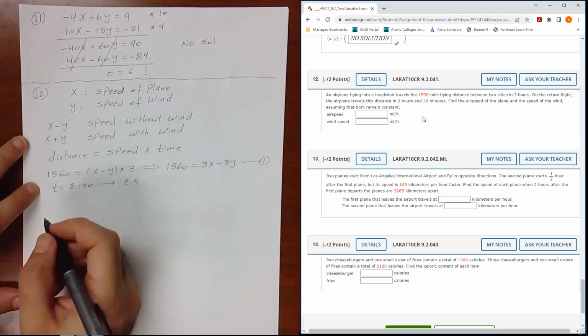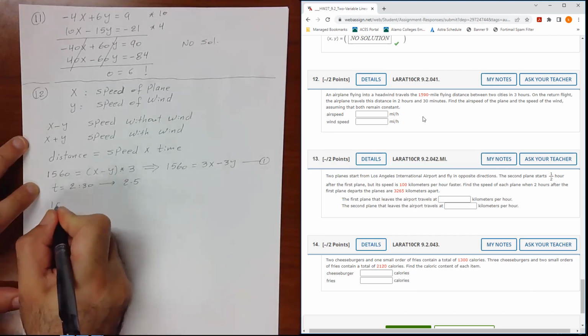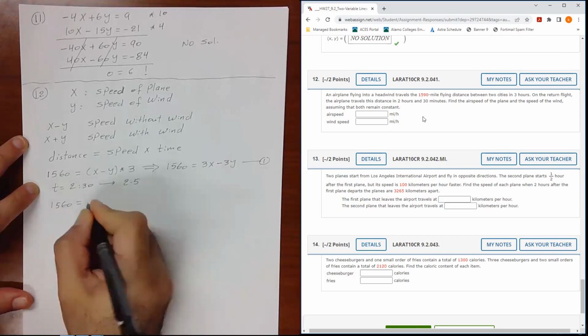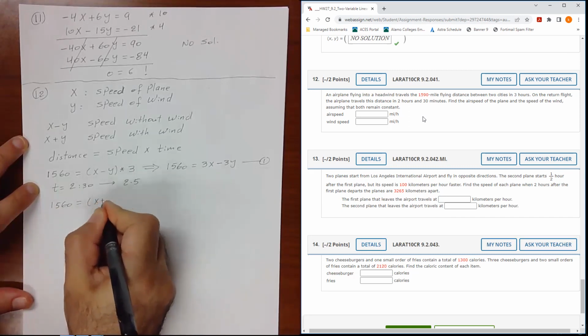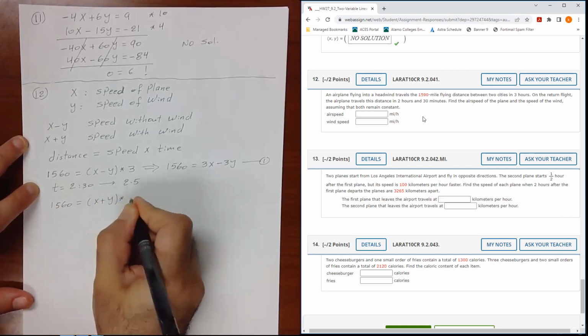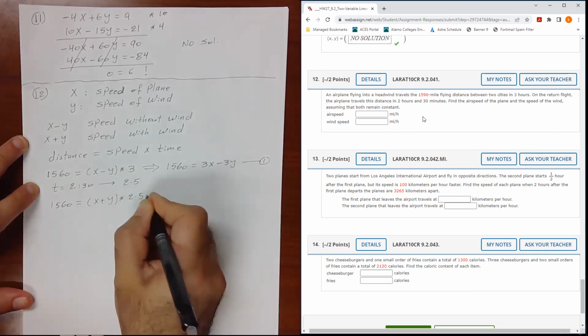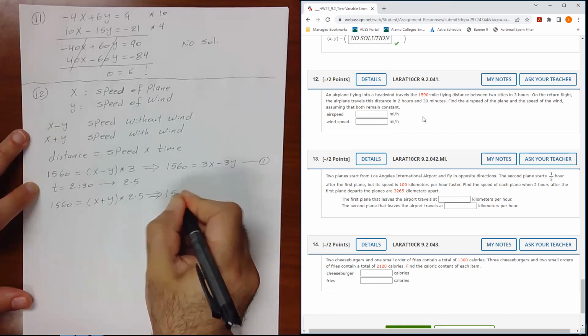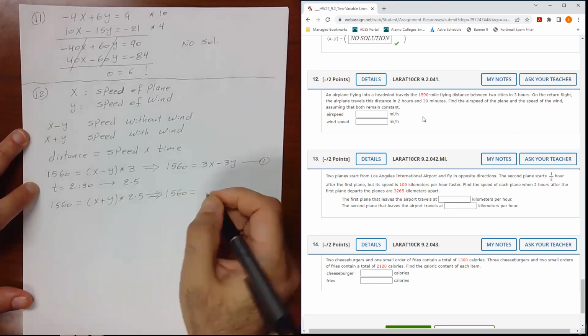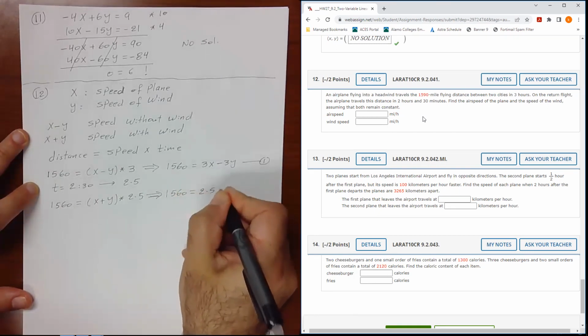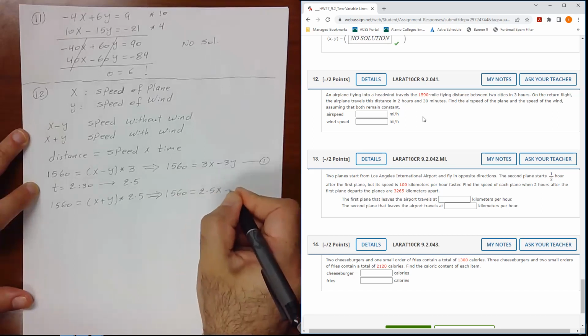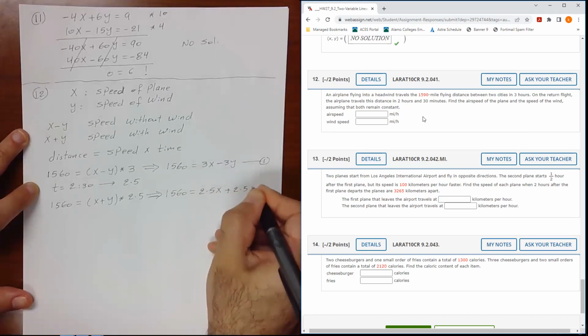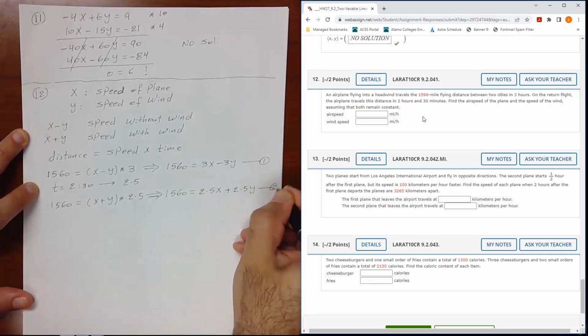That means the distance is going to be 1560 equal x plus y times 2.5. So the second equation is going to be 1560 equal 2.5x plus 2.5y. So this is number 2.